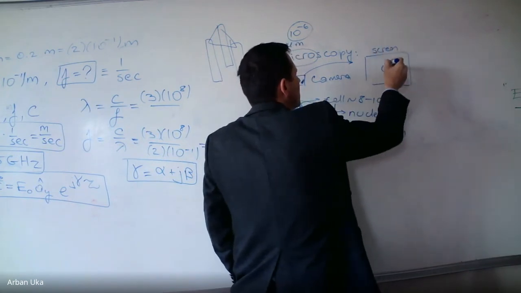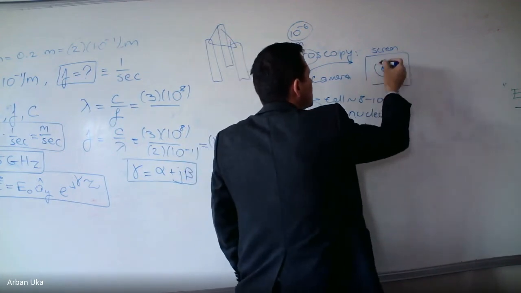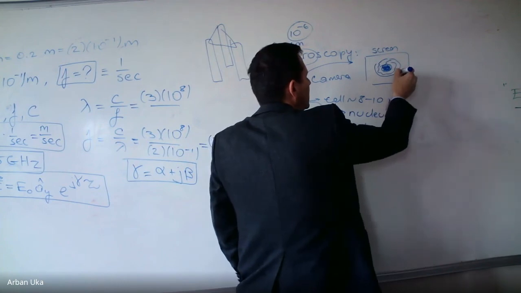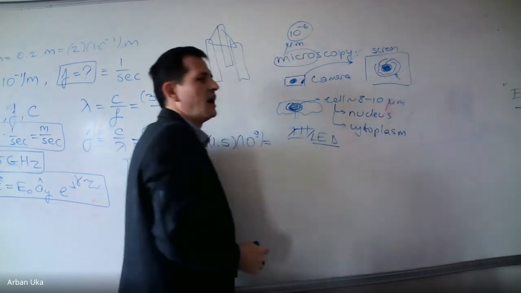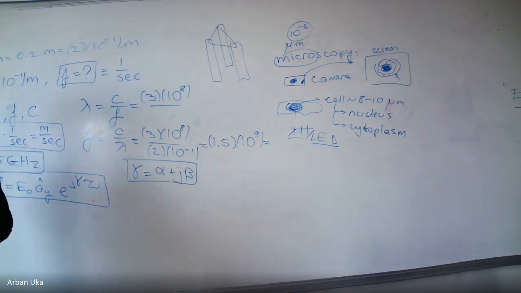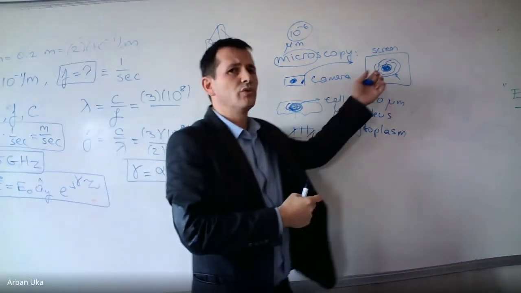You see some dark regions here. Then you see some other region which is not that dark, but a little brighter. And here it is very bright. So how did we observe this biological system? By noticing that if I lose some part of the intensity because it's absorbed, then I have a darker region. So this is how we observe this one.